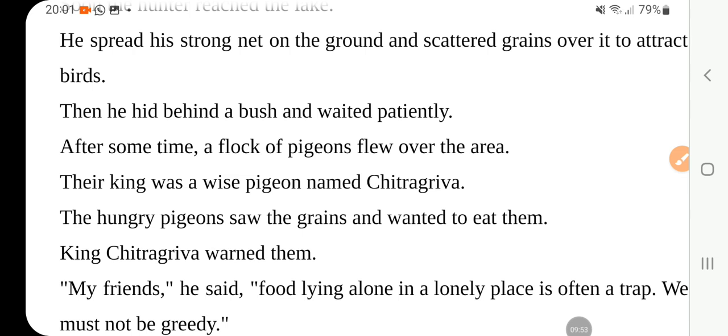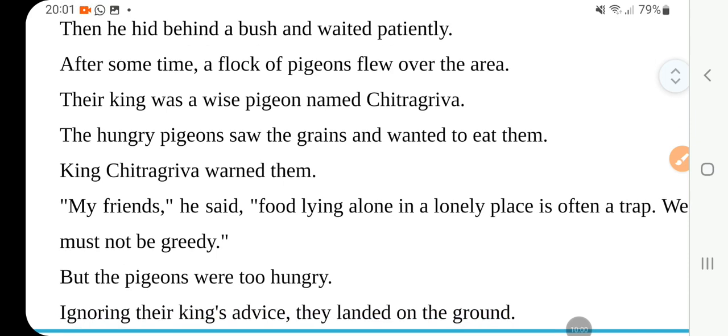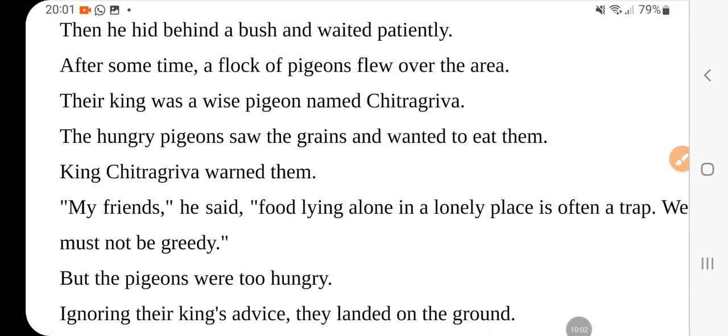Then he hid behind a bush and waited patiently for birds.